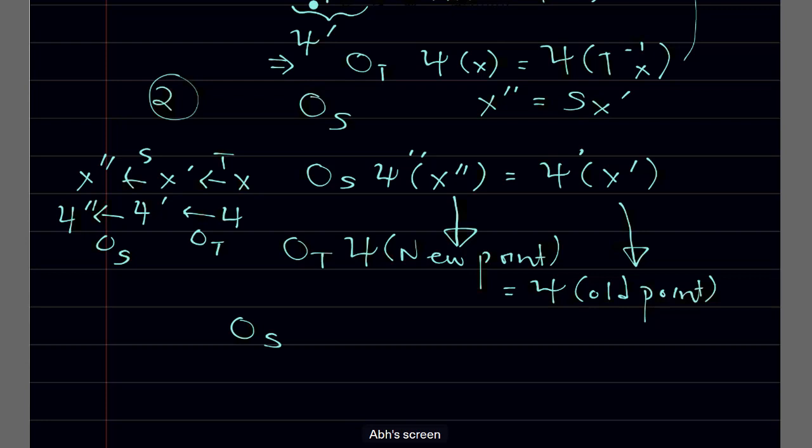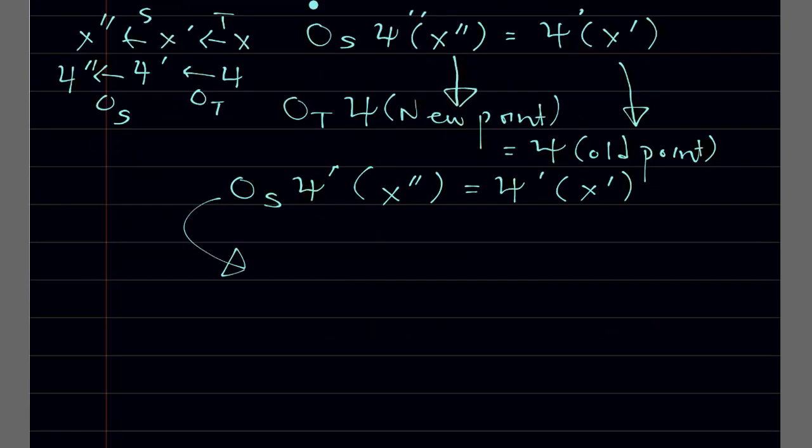So OS on psi prime, and this was psi double prime of x double prime is equal to psi prime of x prime. Let me remind you again why I wrote this. Remember OT? OT acts on old psi. Okay, look at the chain. For T, psi is old and psi prime is new, and for S, psi prime is old and psi double prime is new.